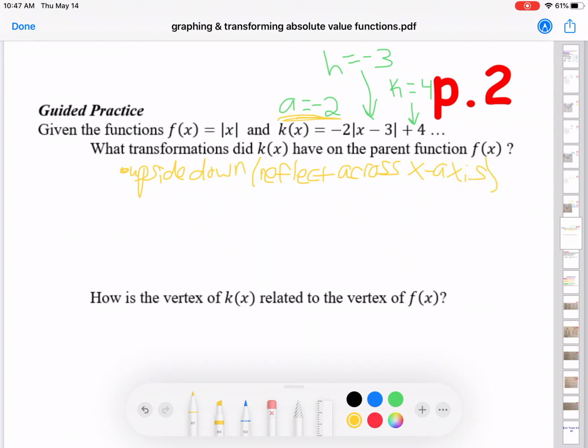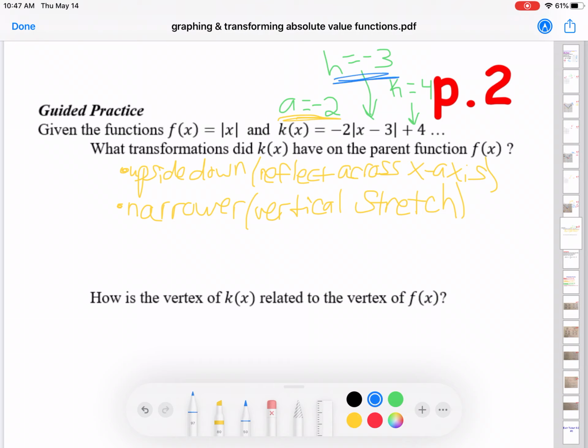And because it's been changed to a 2, which is a number greater than 1, our graph would also look more narrow. So the graph would become narrower, and another way of describing that is a vertical stretch. So a has two different transformations here. The negative flips it upside down. The 2 makes it more narrow.